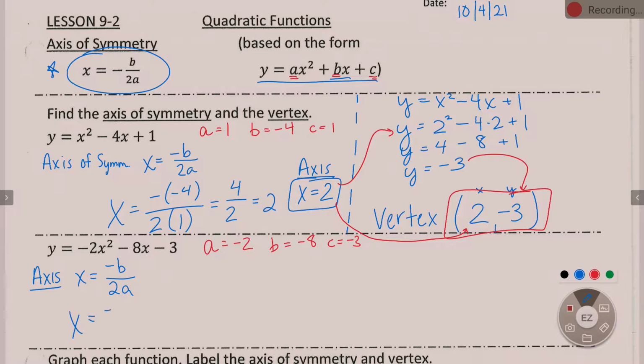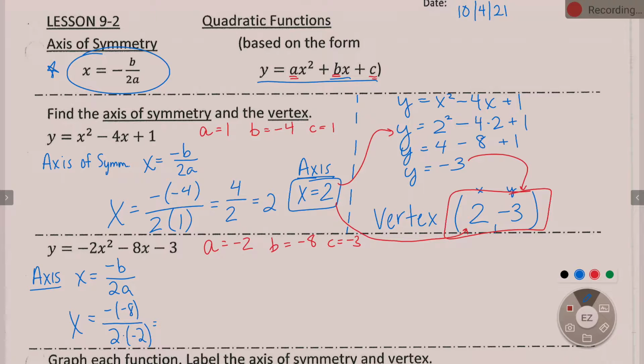So do the math. Negative of b. It's going to be negative of negative 8 over 2 times a, which is negative 2.